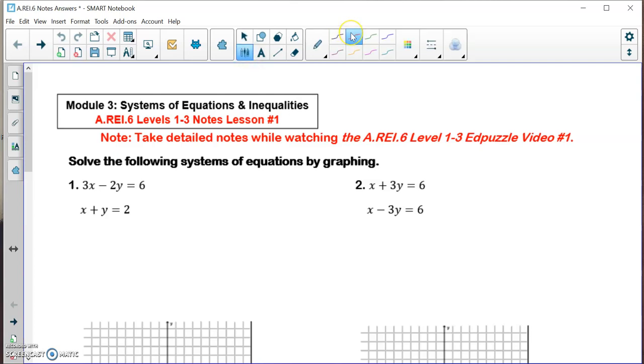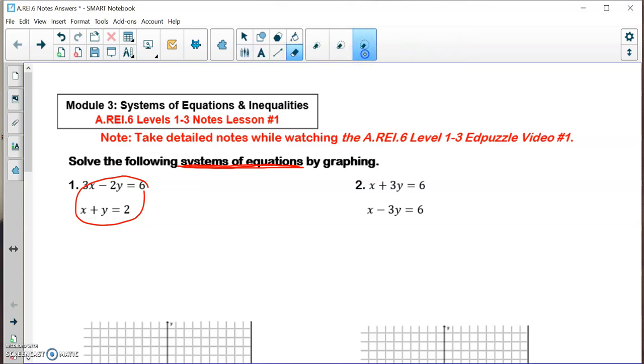When I ask you to solve a system of equations, a system of equations is 2 or more equations, and we want to figure out the x and y value that would make both of these equations true.